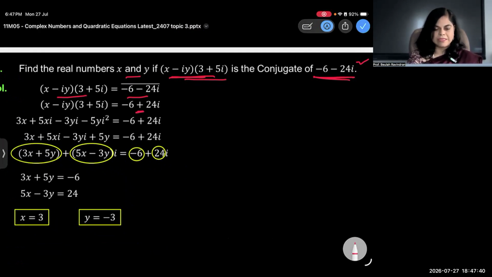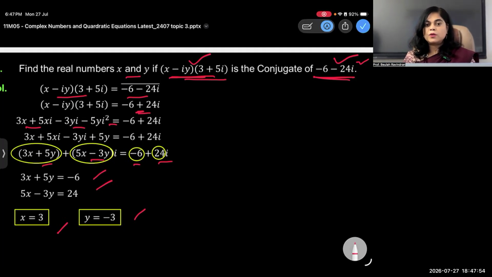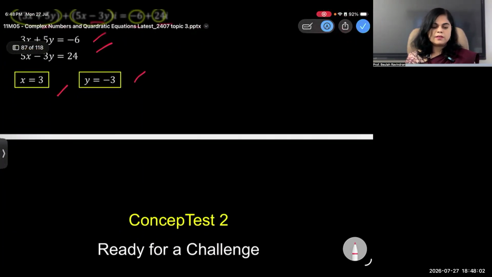So you can write it as plus, because it is the conjugate of this. Then simplify, equate the real term and the imaginary term, and then you'll find x and y. Is it clear for you? If you didn't change this to the conjugate, definitely the answer will go wrong. Keep it in your mind.